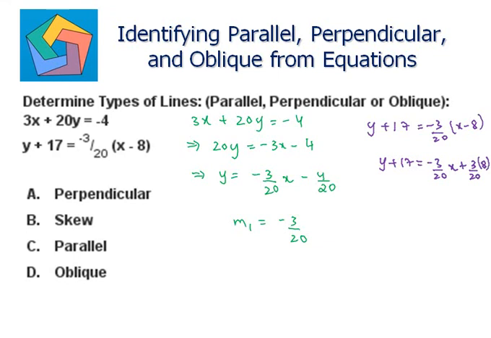And now subtract 17. y is equal to minus 3 by 20 x plus 3 by 20 times 8 minus 17. So my slope becomes minus 3 by 20. m2 is minus 3 by 20. Therefore m1 is equal to m2. So the lines are parallel. So C, parallel, is the answer.